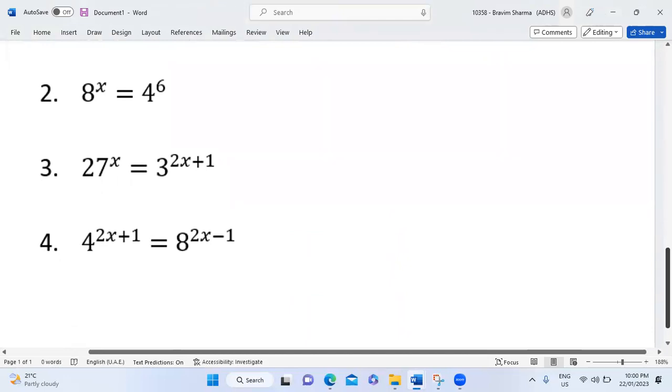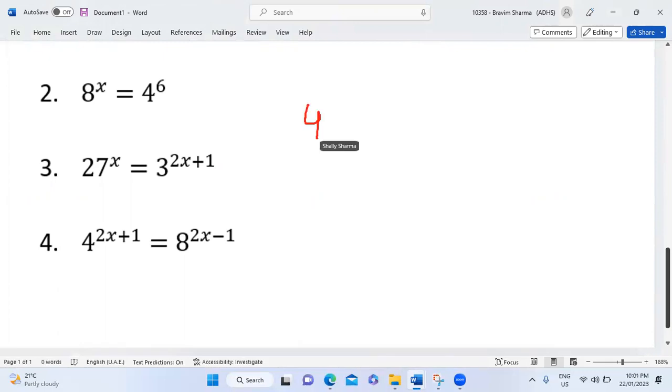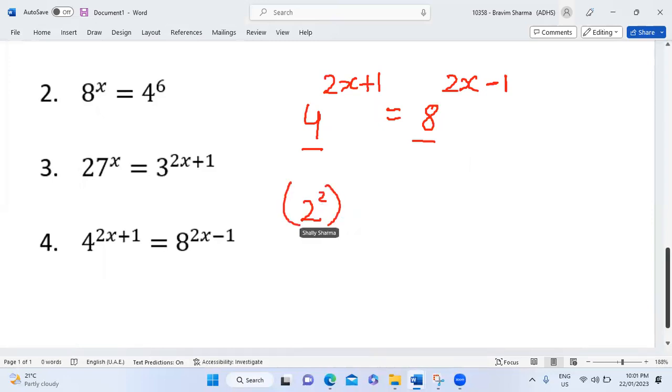Okay. So the question is now 4 to the power of 2x plus 1. I'm going to explain the last question, and equal to 8 to the power of 2x minus 1. So here again the bases are not the same, but as we learned, we can represent both the bases as another base. So 4 is 2 squared, whole raised to the power of 2x plus 1 is given here, and 8 is 2 cubed and whole raised to the power of 2x minus 1.